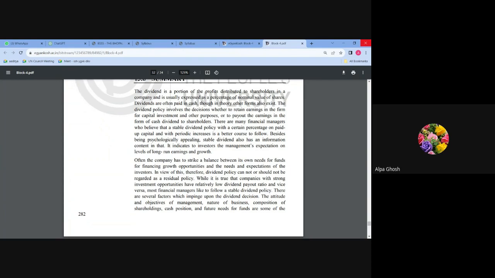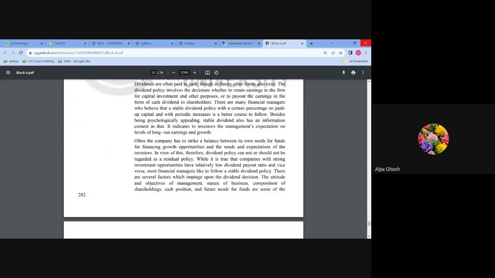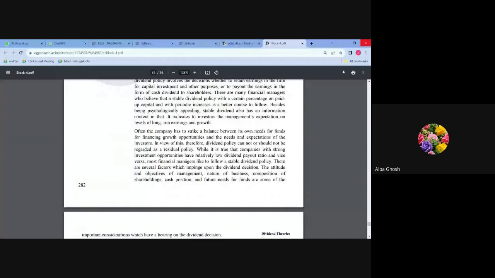So often the company has to strike a balance between its own needs for funds for financing growth opportunities and the needs and expectations of the investors. In view of this, dividend policy should not be regarded as a residual policy.